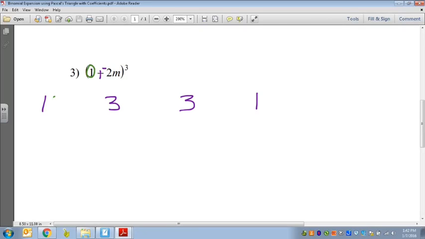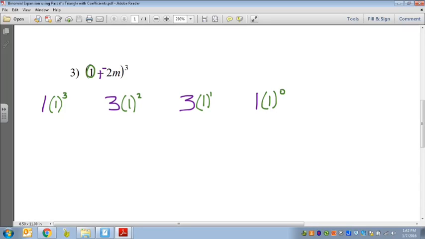So really, I'm going to write 1 to the third, then 1 squared, then 1 to the first, and then 1 to the 0th power. Whatever the first term is, you have to make sure that for the first term you go 3, 2, 1, 0.